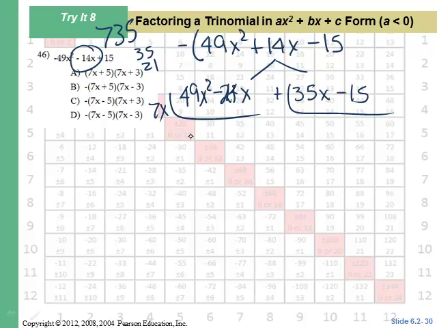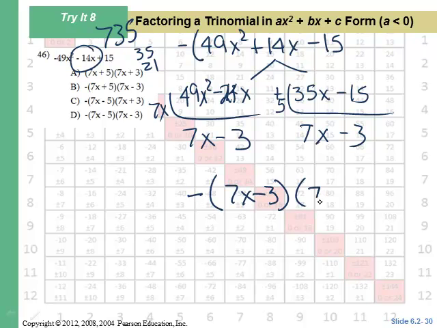We're left with 7x minus 3. Take a 5 out of the second ones. We're left with 7x minus 3. So our factored form is negative 7x minus 3, 7x plus 5.